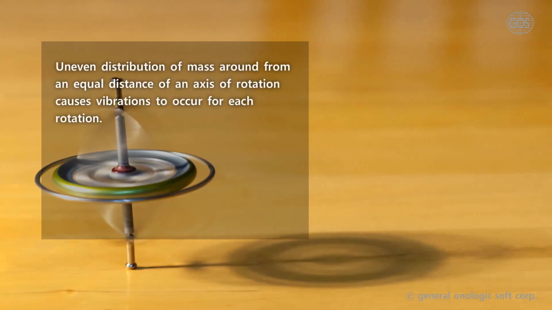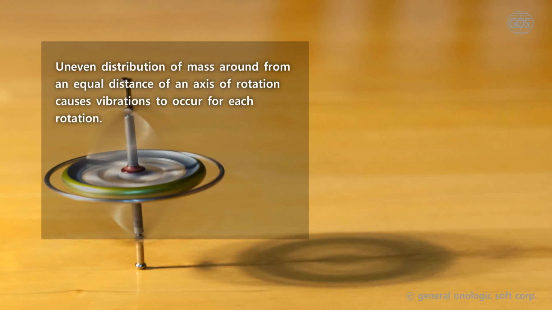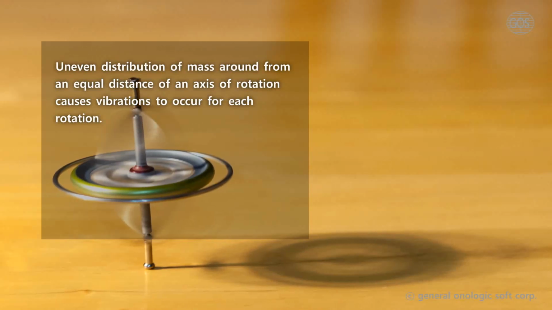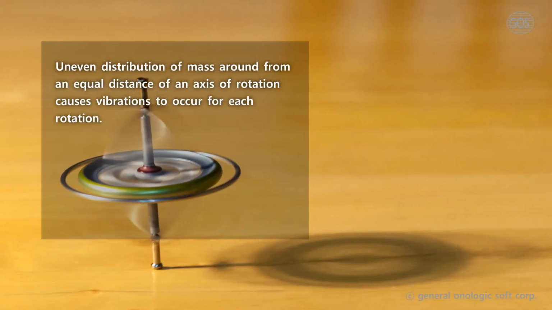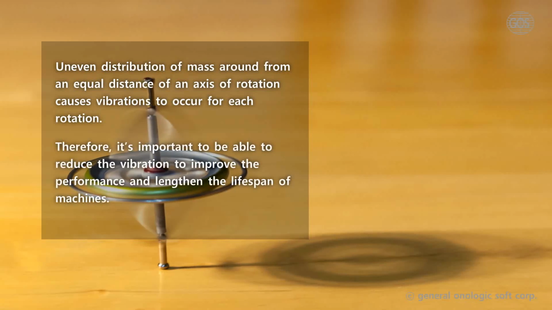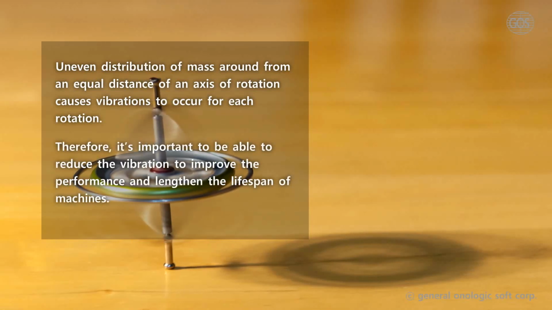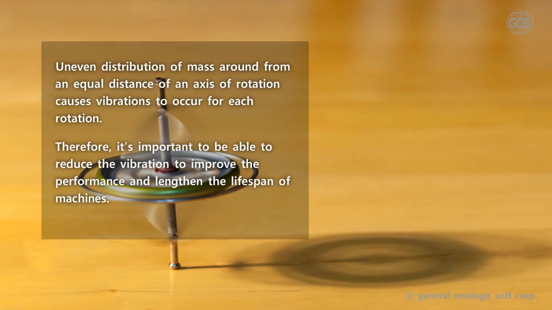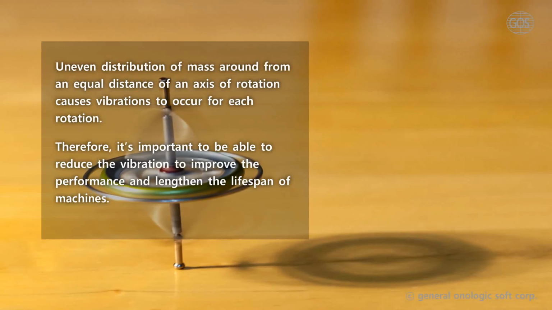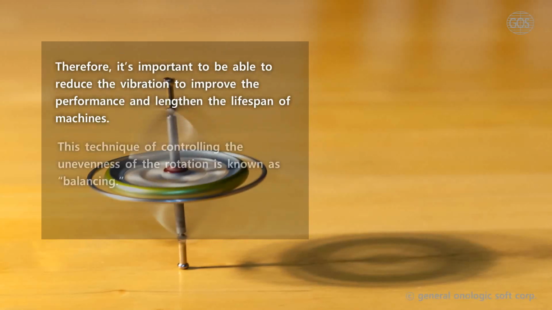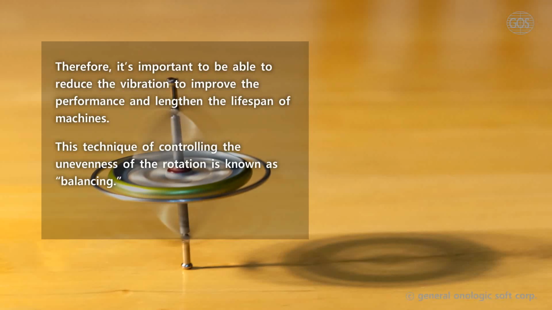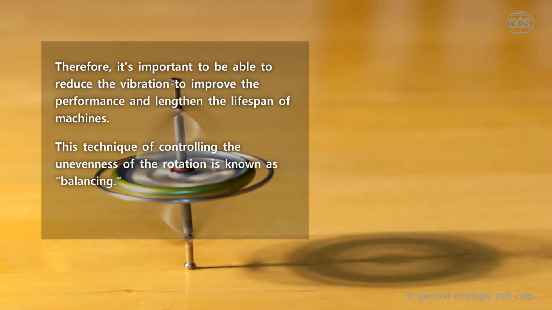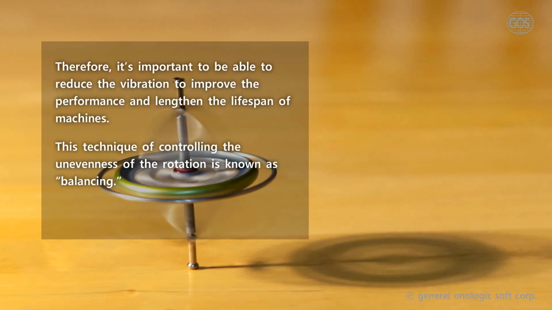Uneven distribution of mass around an axis of rotation causes vibrations to occur with each rotation. Therefore, it's important to be able to reduce the vibration to improve the performance and lengthen the lifespan of machines. This technique of controlling the unevenness of the rotation is known as balancing.